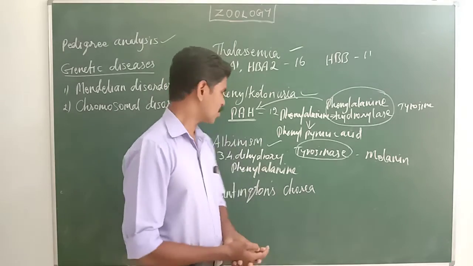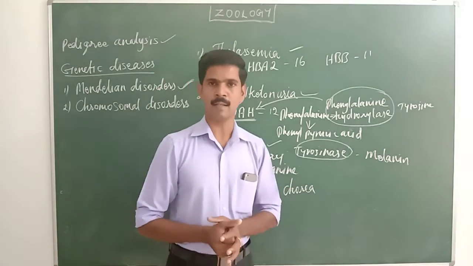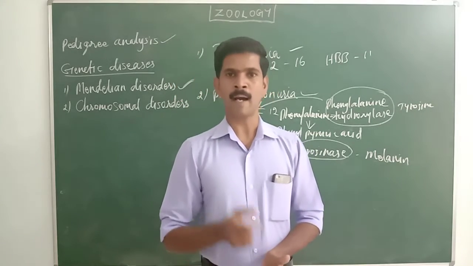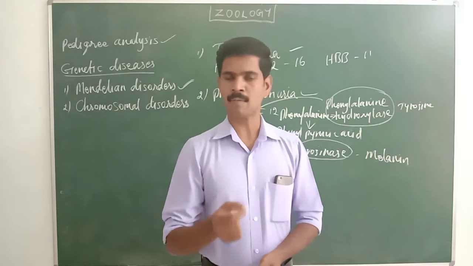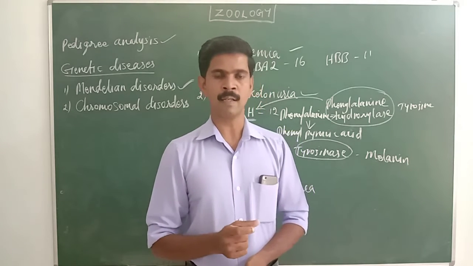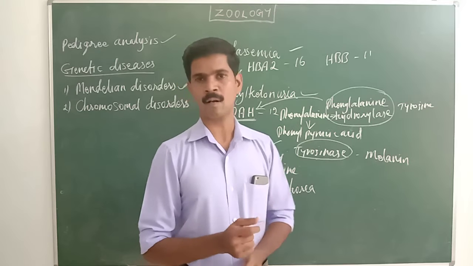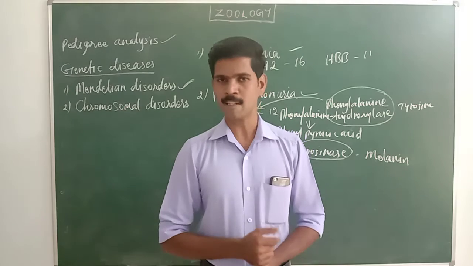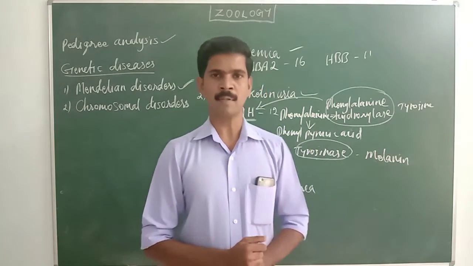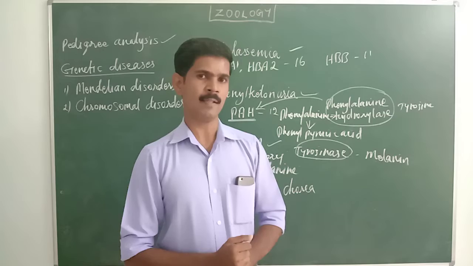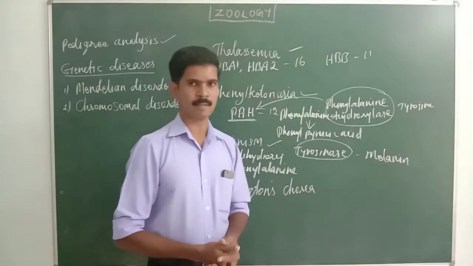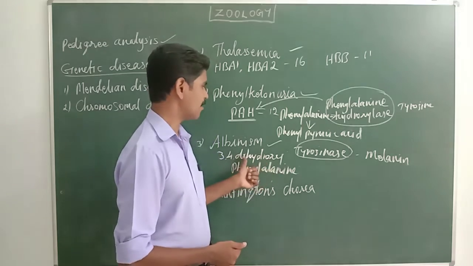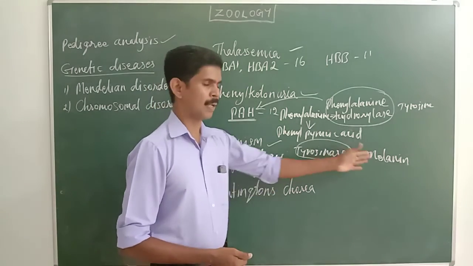Understand? So albinism is a disease caused by an autosomal recessive gene. The melanin pigment is responsible for giving color to our body, and it is produced inside cells called melanocytes. An enzyme is very important for the production of melanin. The name of the enzyme is tyrosinase, and it converts 3,4-dihydroxyphenylalanine into melanin.